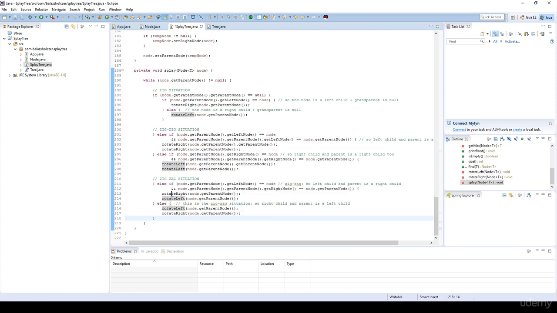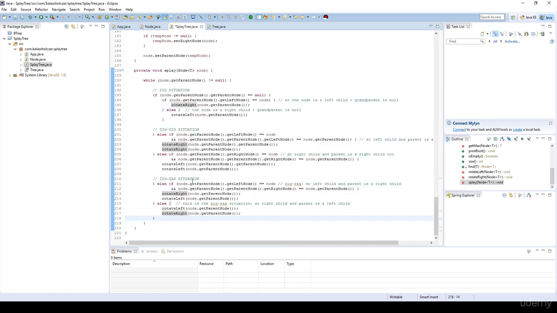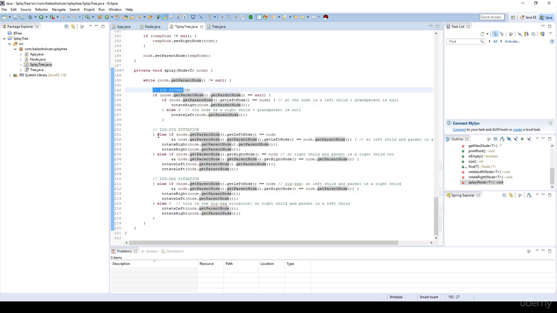So we have to make a right rotation and a left rotation, or a left rotation and a right rotation. And basically we have to make sure that we make these kinds of rotations until the node is going to be the root node. Okay, so while the node.getParent node is not equal to null, we have to make the zig situation, the zig-zig situation, or the zig-zag situation accordingly. So that's all about the splay method.